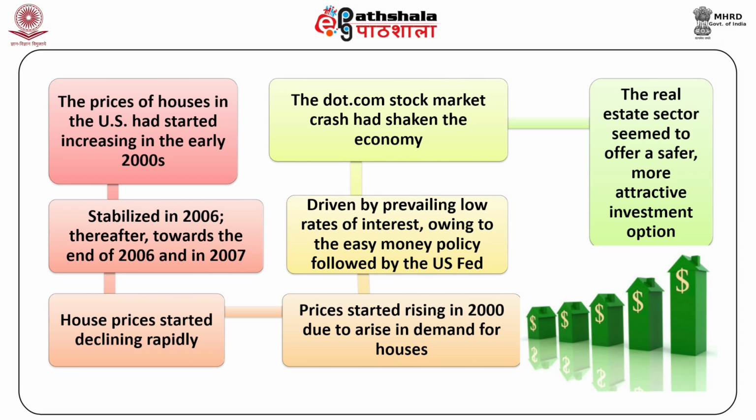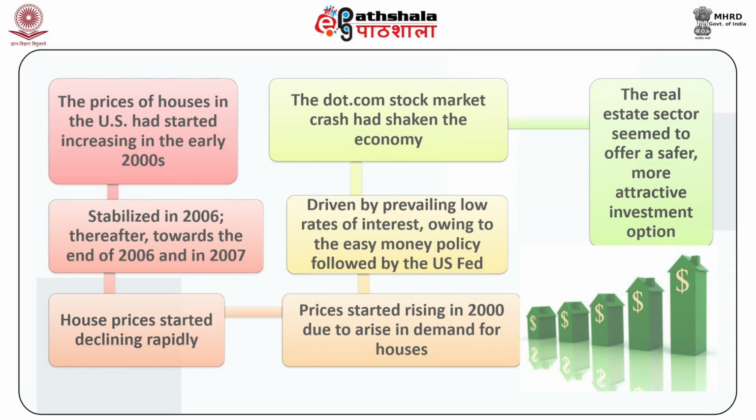The low rates made housing loans attractive as mortgage rates were low. Also, in the early 2000s, the dot-com stock market crash had shaken the economy. In its aftermath, the real estate sector seemed to offer a safer, more attractive investment option as compared to the stock market. Thus, house prices rose as the demand for houses was high.